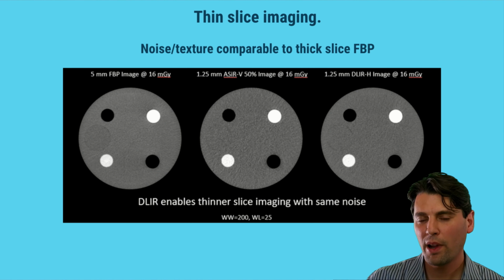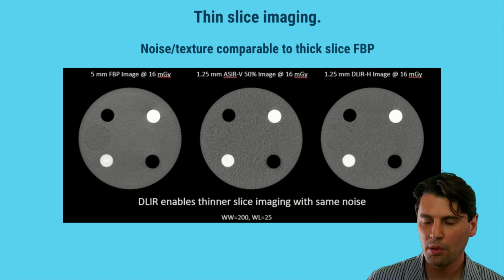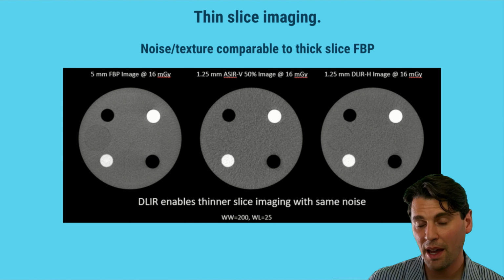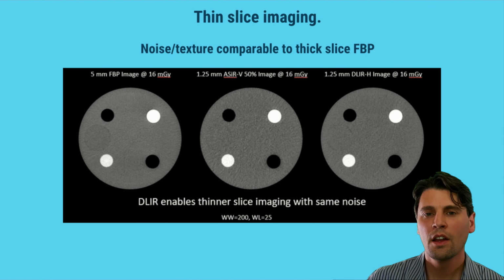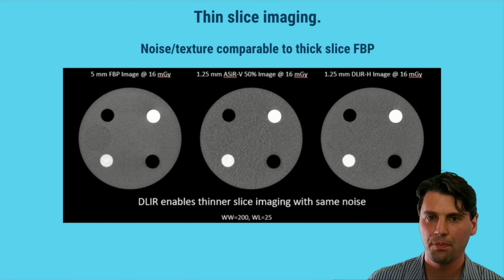Now we're going to point out some areas wherein we believe we're going to have significant benefits. Again, the areas of challenge are where the noise is going to go up in the images. One area where the noise is inherently going to go up is with thinner slice imaging.